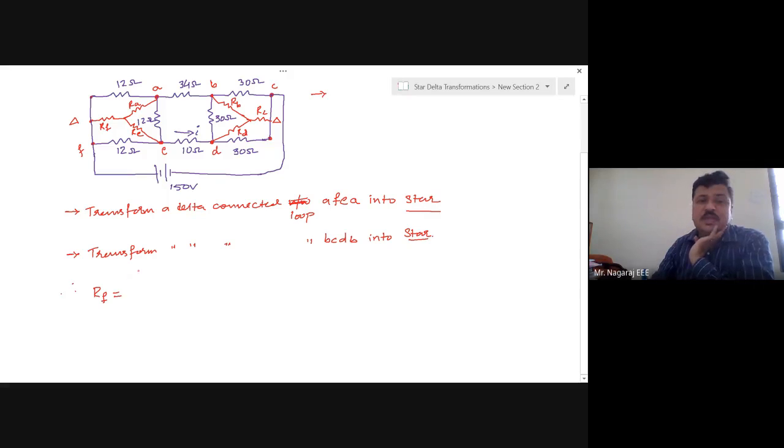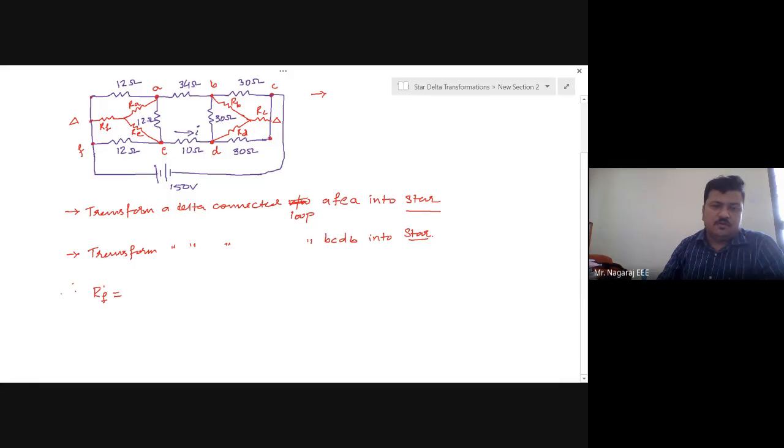Purposely I have taken small a, b, c, d, e, f, a, so that you should practice from the first example only, to understand the logic of calculation rather than simply the memory. Memory is required, but you should also understand the logic.